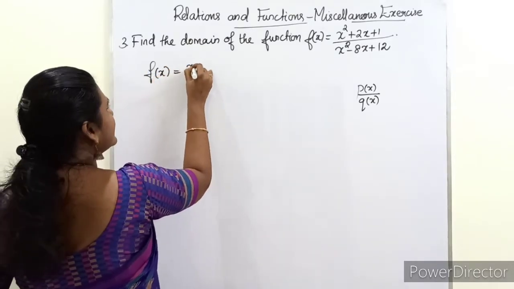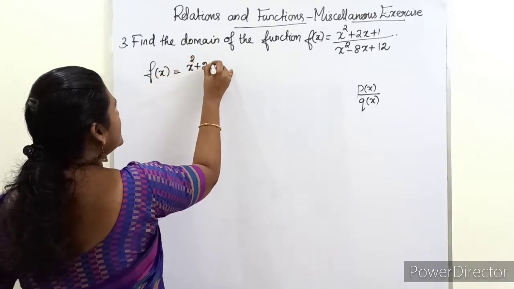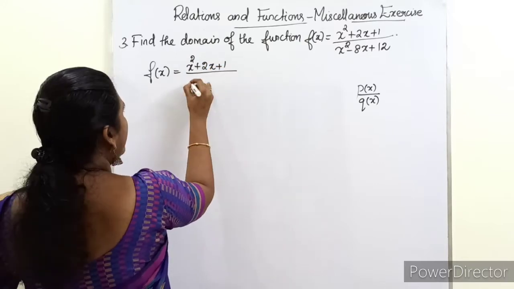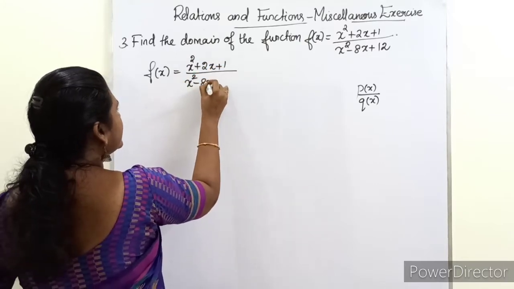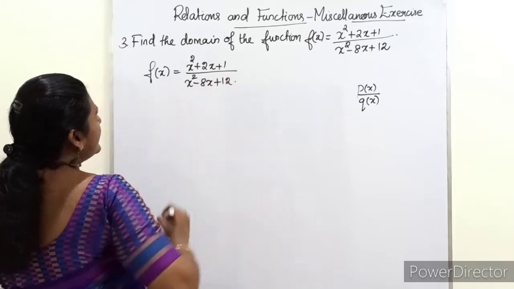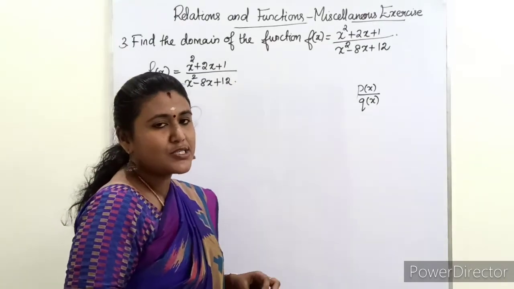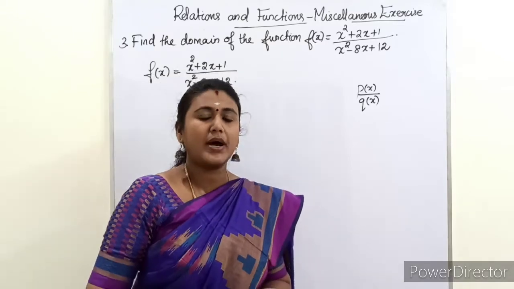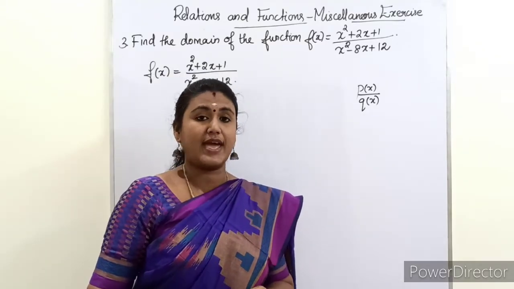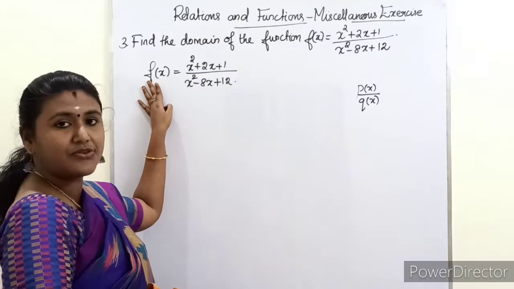So f of x is equal to x square plus 2x plus 1 by x square minus 8x plus 12. Here we have to find the domain of this function. So what is domain? We have already discussed. Domain is the values of x at which the function is defined.